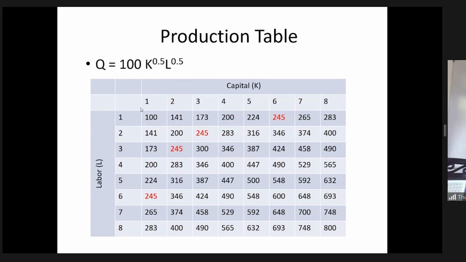Other than that, if you look at this table, you can identify one more thing. That is, if you mix one capital, one labor, your output is 100, which says the conversion rate. When you mix your inputs with a certain proportion, then what is the output?